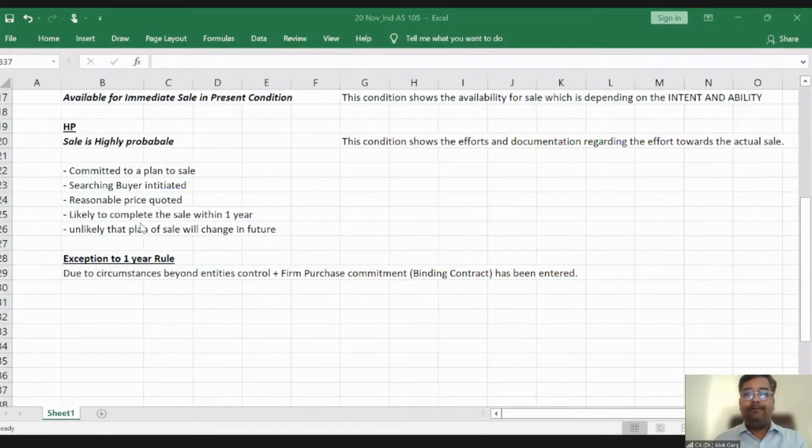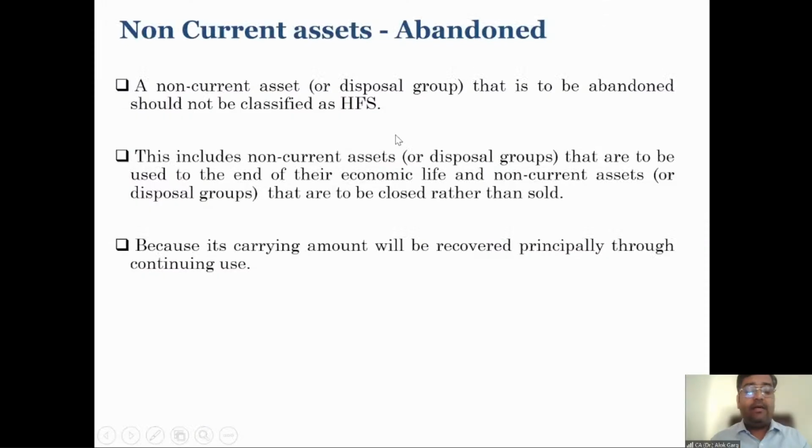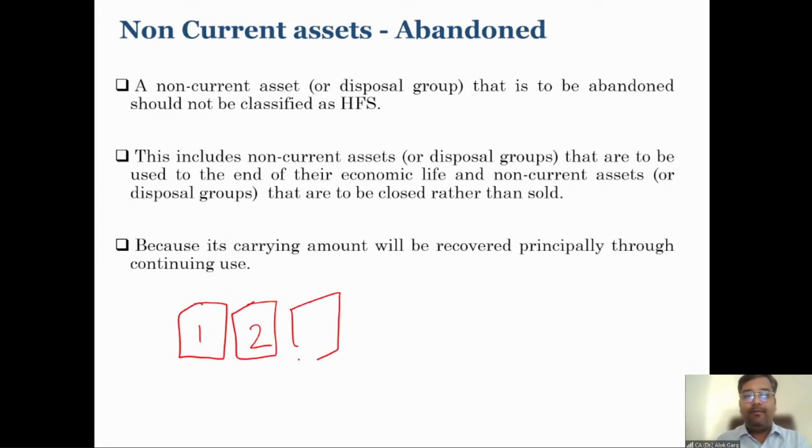Continue this topic, and let's discuss one new concept of abandoned asset. What is meant by abandoned asset? For example, there is a company and the company was having 4 machineries, machine number 1, 2, 3, and 4.